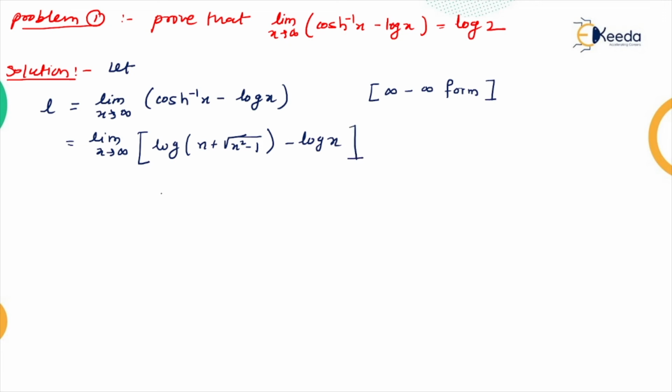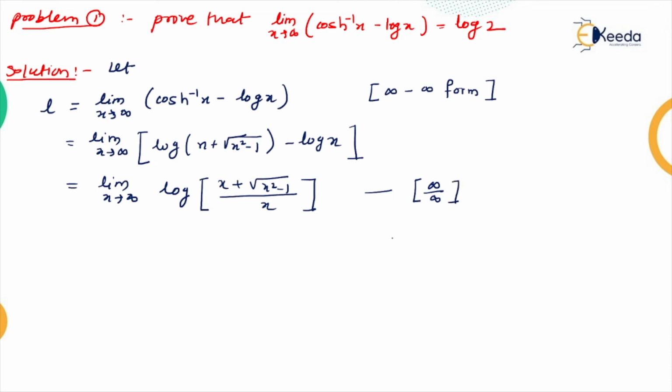Now this is the limit as x tends to infinity of log of a minus log of b, so using that property it can be written as log of (x plus square root of x squared minus 1) divided by x. Now check which form it takes. When we replace x with infinity, clearly it is the infinity by infinity form.